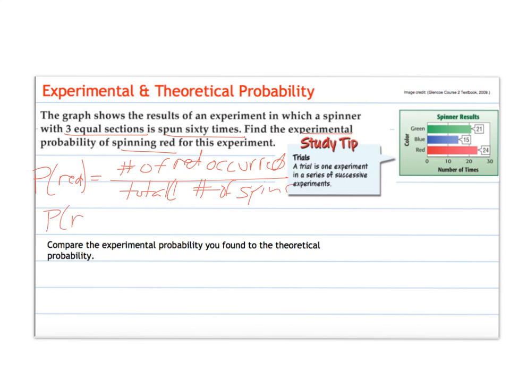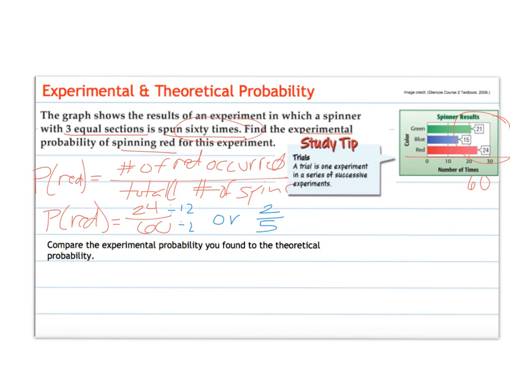Red occurred 24 times in the chart, and the total number, which it told me, is 60. If it didn't tell me, I could add all of these up, and that would give me 60. Then that would simplify, since 12 goes into both. So the probability is 2 out of every 5 spins would be red.